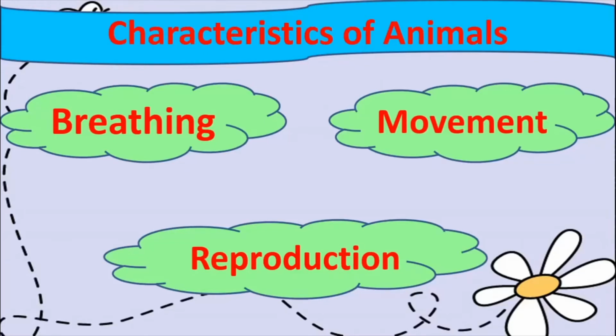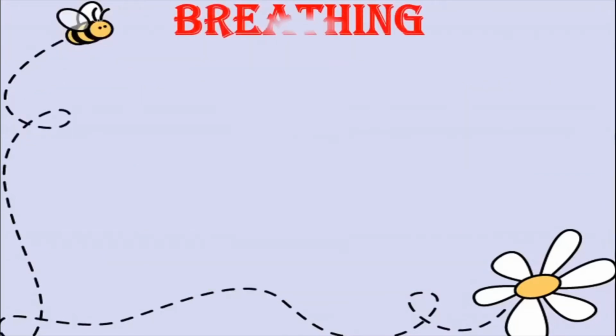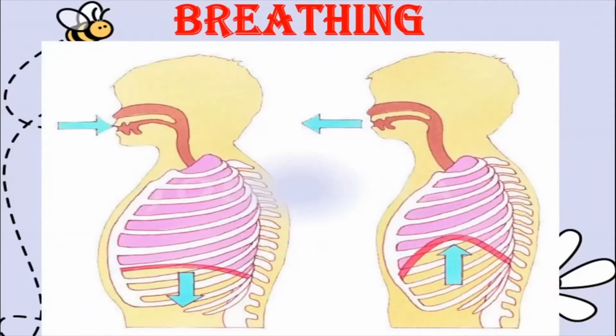So let us first look at the first characteristic of living things, and that is breathing. So let's see what is breathing. Can you see here? You can see 2 pictures. I will tell you what the difference in these 2 pictures is. So here, look at this picture. There is an arrow pointing towards the nose.